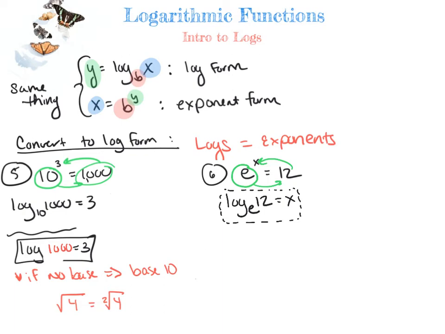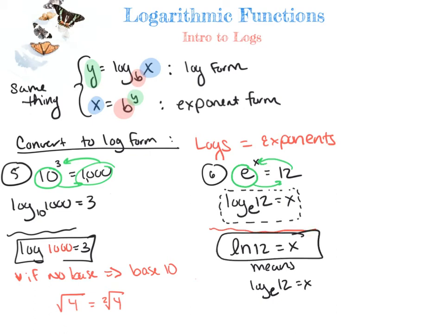Log base e occurs really, really frequently. We call this the natural log, and we write ln of 12 equals x, and what that means is log base e of 12 equals x. So if you see ln, it means the natural log or log base e.